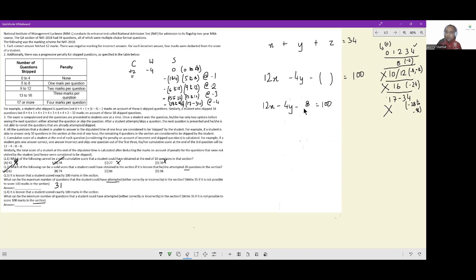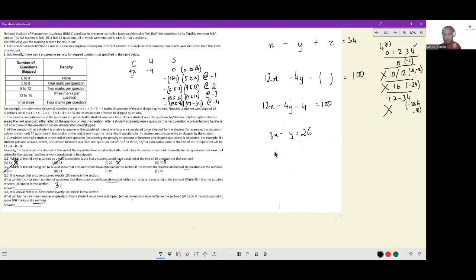Now, let us do it for the band prior to it. 8 and minus 4. So we get 3x minus y is equal to 26.